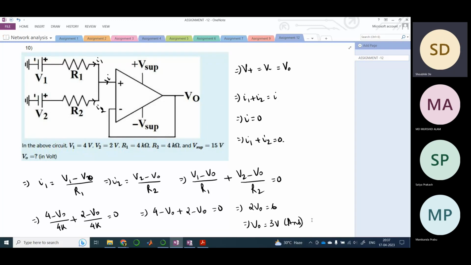If you haven't understood, please ask why this I is 0, why I1 plus I2 is equal to 0, why the polarity at the non-inverting terminal is equal to V0. If you have any doubt, please do ask, because this kind of problems will be coming in your final exam.